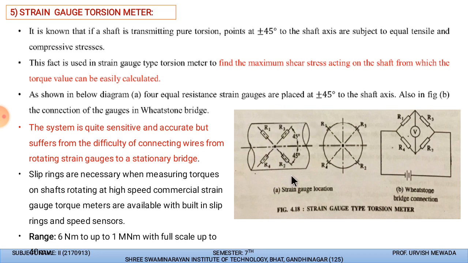Also in this diagram you can see that the first diagram A shows four equal resistance strain gauges placed at 45 degrees to the shaft axis, and in figure B you can see the connection of the gauges in a Wheatstone bridge.